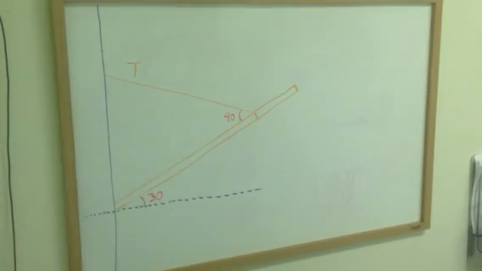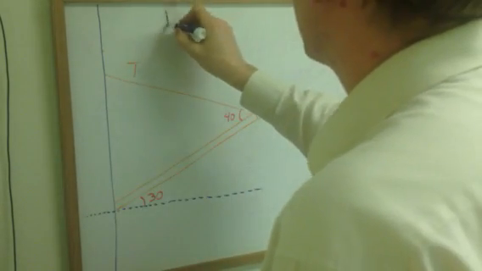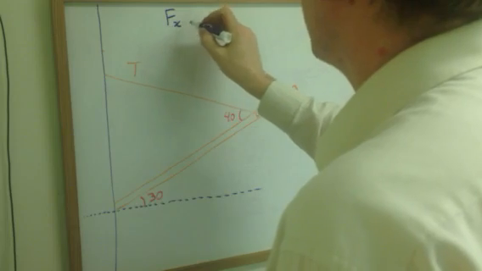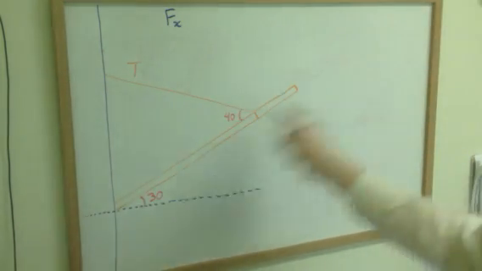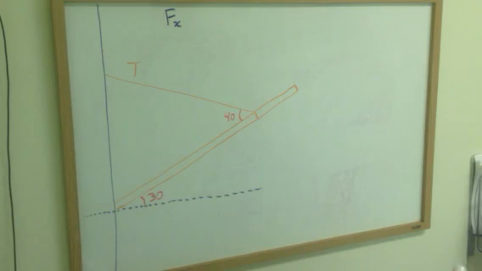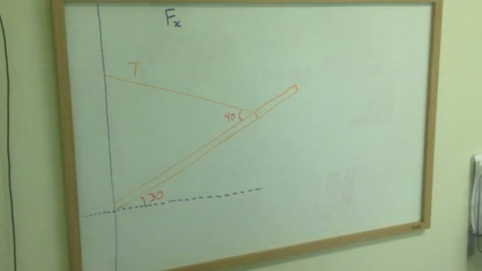Well, to find the tension in that wire, we need to use the concepts of static equilibrium. Forces in the x direction. Well, that wire is pulling on this beam. This beam has its own weight. It wants to fall down. The wire's holding it up.